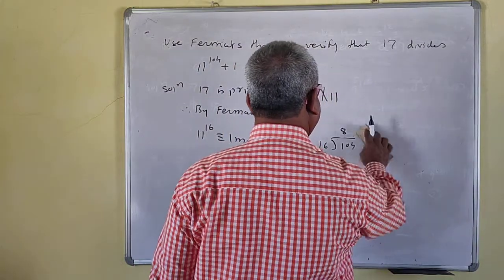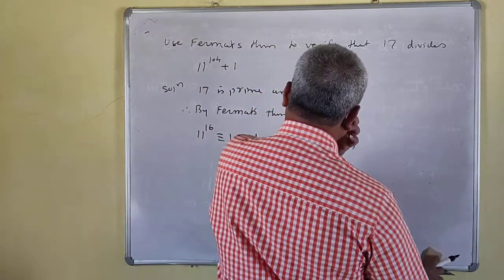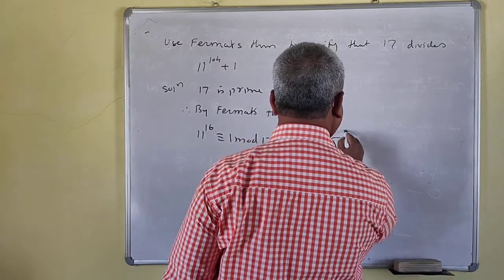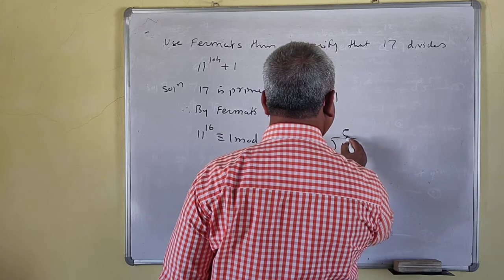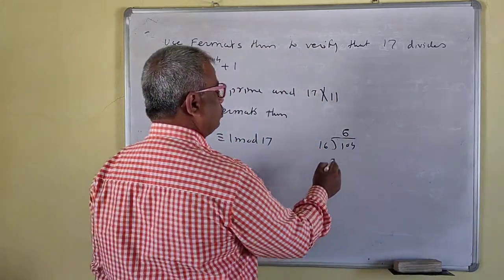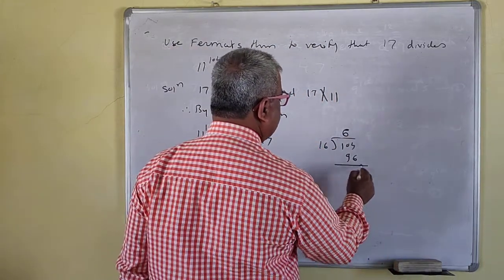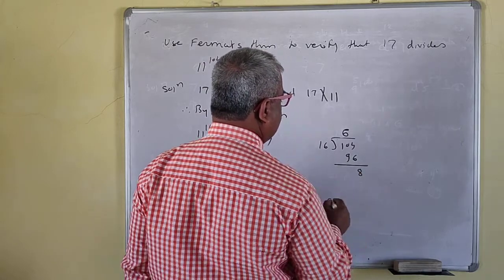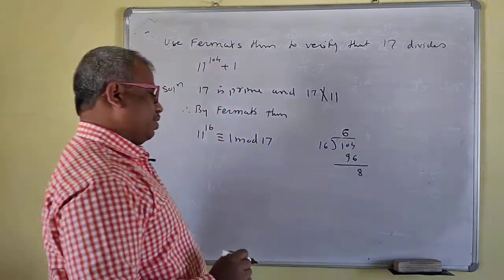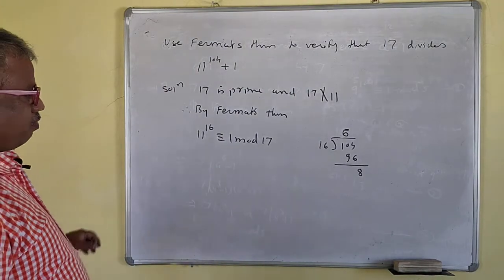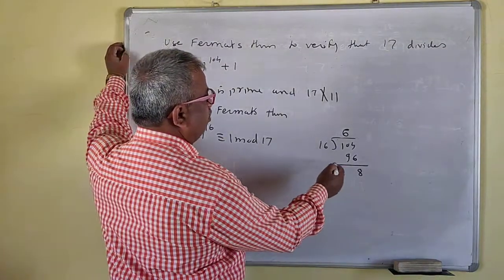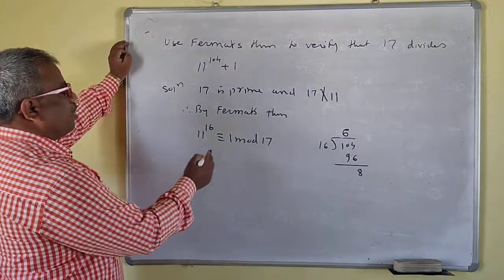We'll try 6 now. 96. So this is 8. We'll take the power 6 now.